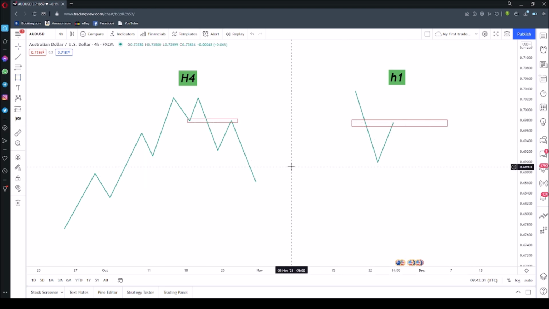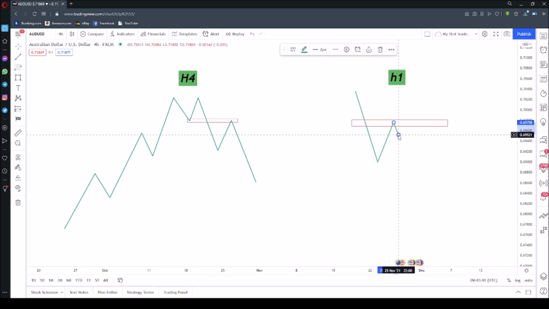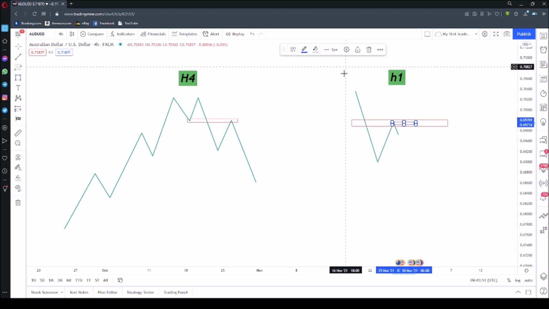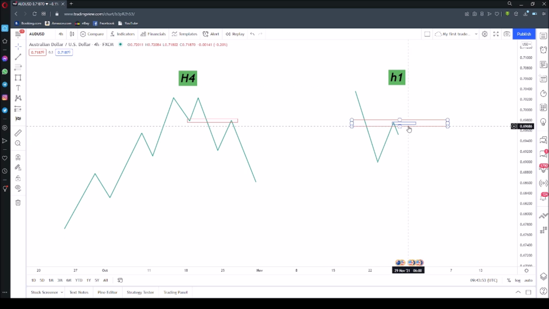So for us to participate within the markets, we now need a lower time frame order block. In this case, the H1 time frame will create an order block like that. So this becomes an H1 order block within an H4 order block.